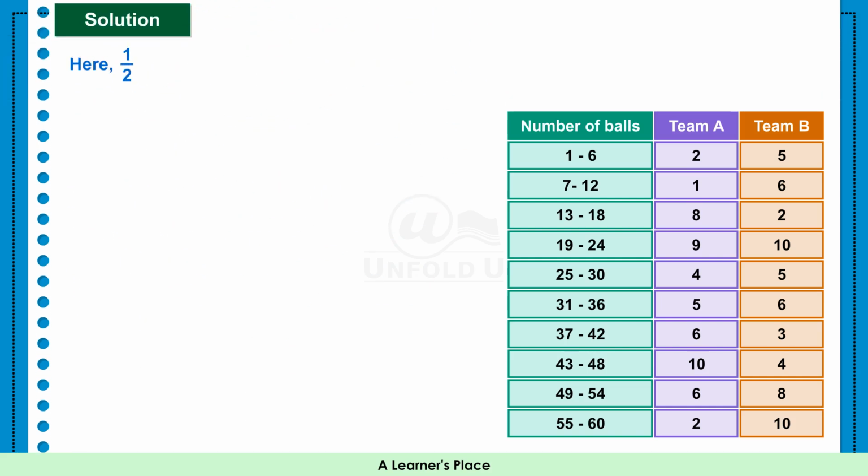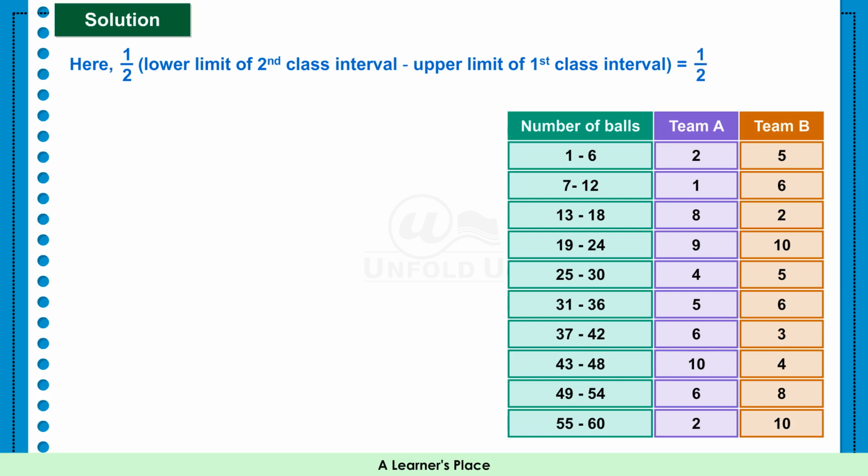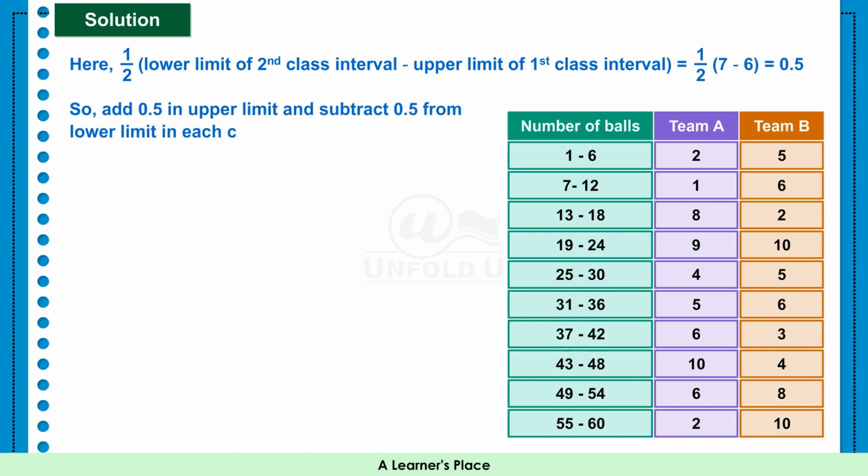Here, half of the lower limit of the second class interval minus the upper limit of the first class interval is equal to half of 7 minus 6, which is equal to 0.5. So, add 0.5 to the upper limit and subtract 0.5 from the lower limit in each class interval.